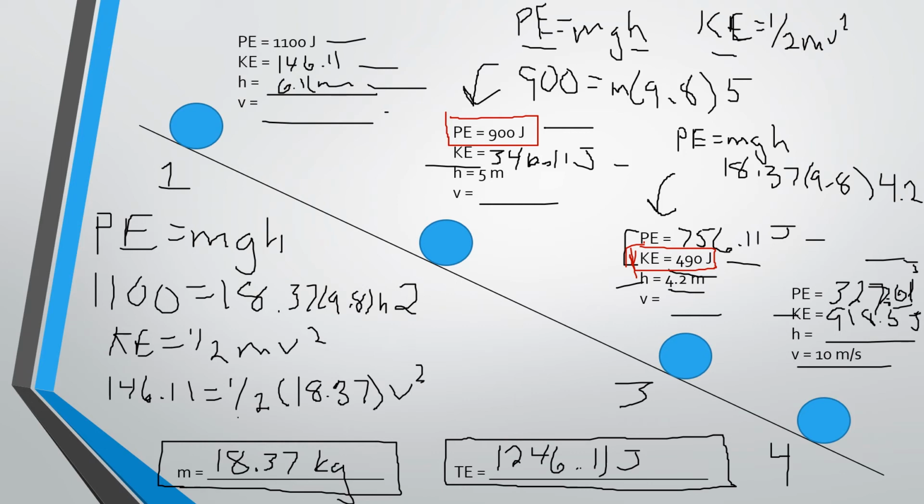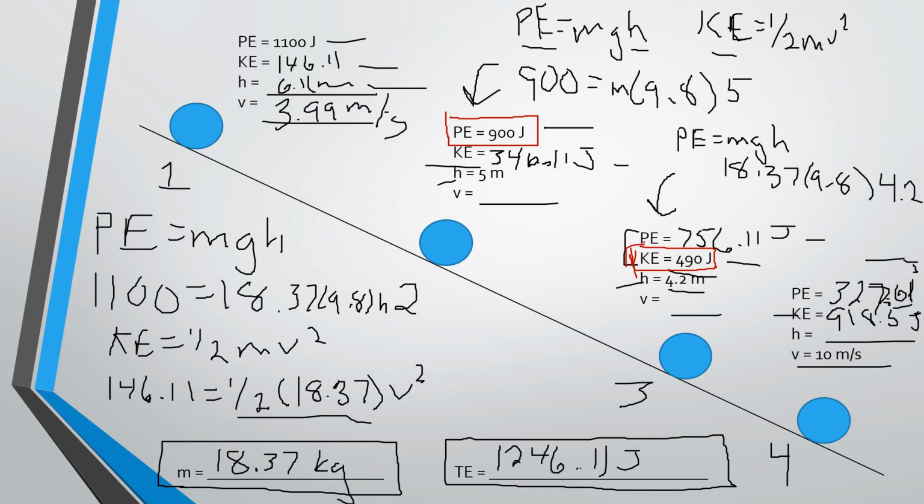So what we're going to do is we're going to take half of 18.37. Then we're going to divide both sides by the 9.185. And then I got to square root that. And I'm going to get 3.99 is my velocity. That's consistent.